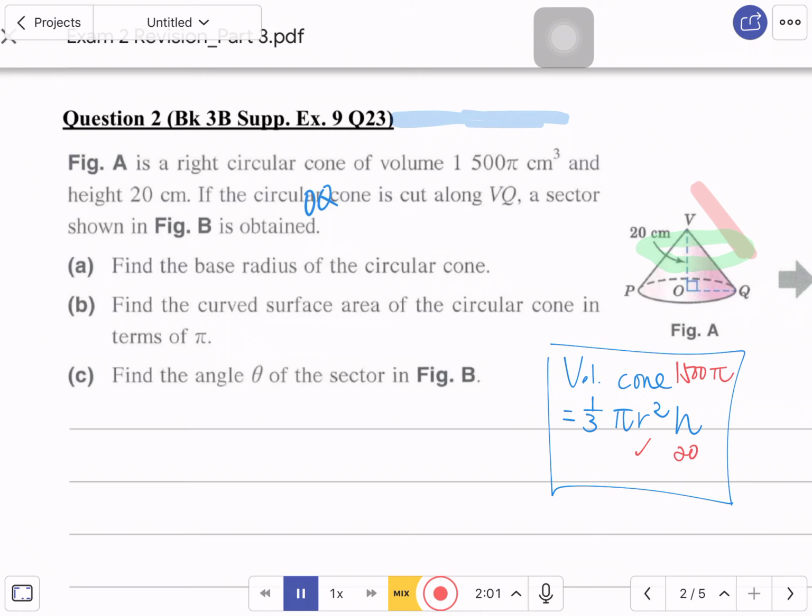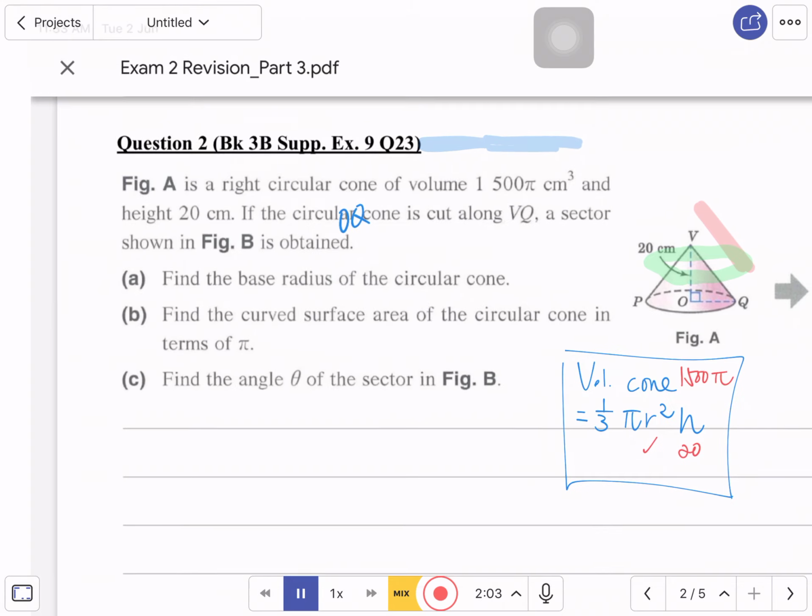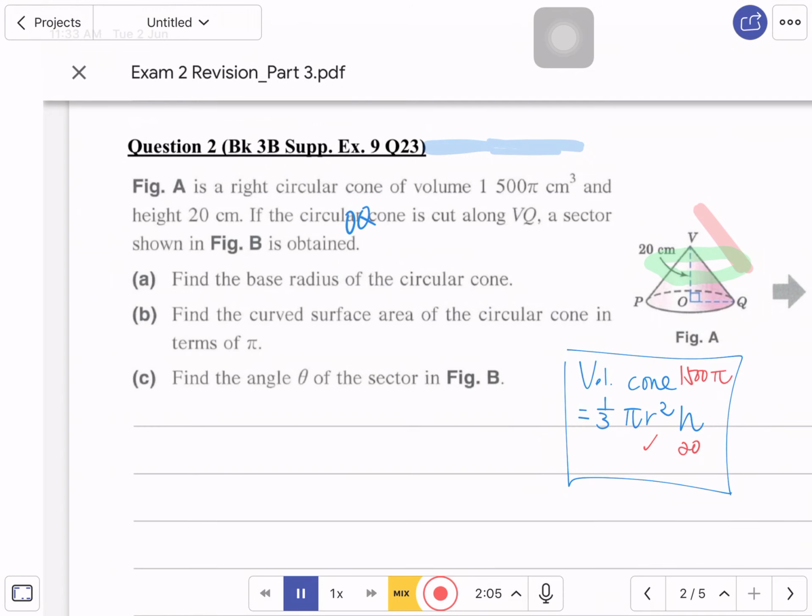Therefore, we just put back the values and form the equations. Let the base radius be r cm, because the volume of the cone is 1500 pi cm cube.